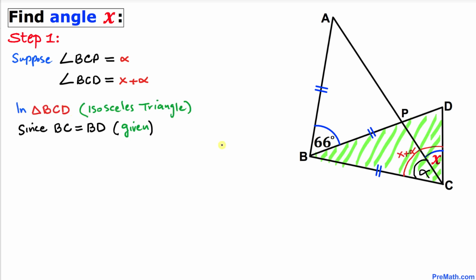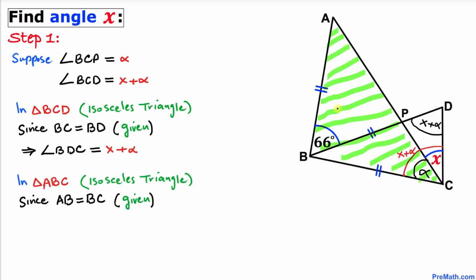Now let's focus on this triangle BCD, and this is an isosceles triangle since this side length BC is equal to this side length BD. So therefore, if this angle is X plus alpha, then this angle is going to be X plus alpha as well.